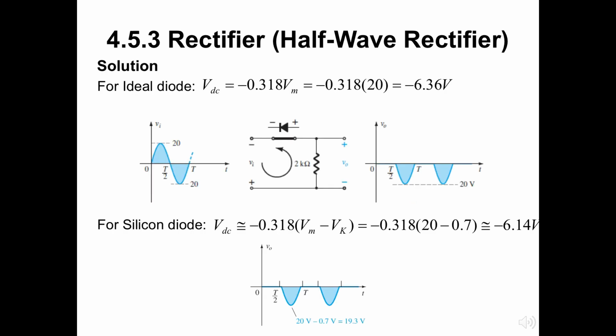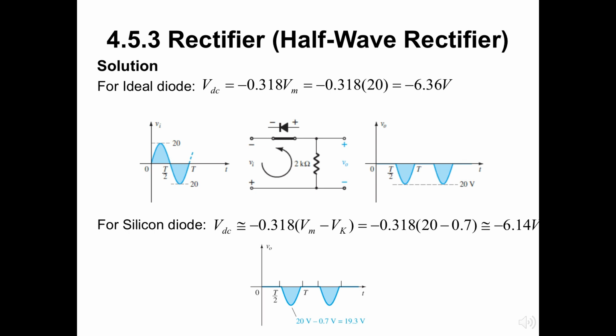OK, let's solve this problem. As the reverse biased mode is concerned here, VDC this time is minus 0.318 by Vm. The negative sign indicates that the polarity of the output is opposite to the defined polarity of the figure on the most left.